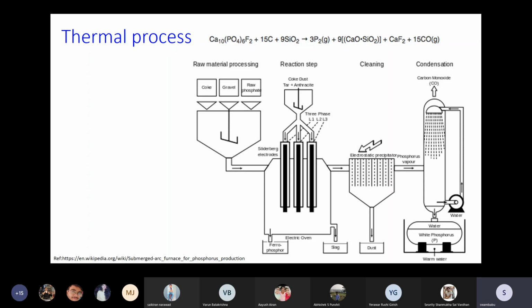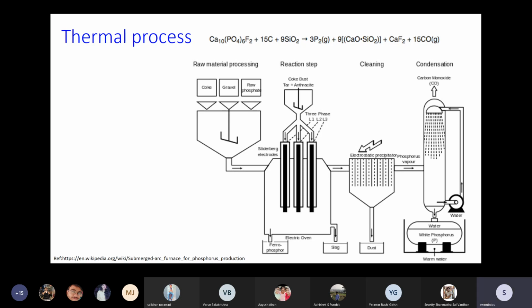Another process to produce phosphoric acid from phosphate rock is the thermal process. This is the typical reaction in the thermal process: phosphate rock reacts with carbon and SiO2 and produces phosphorus.